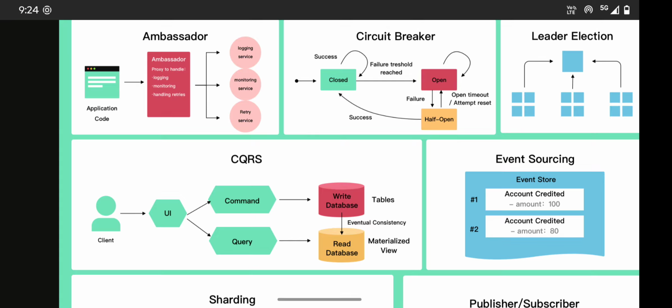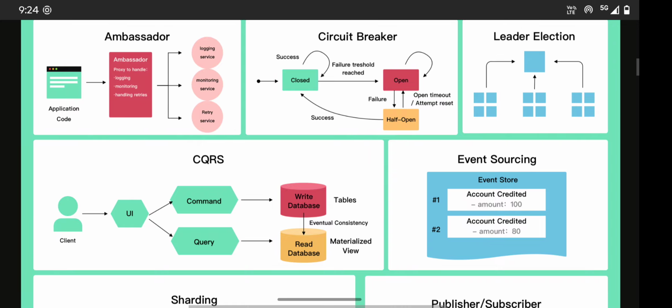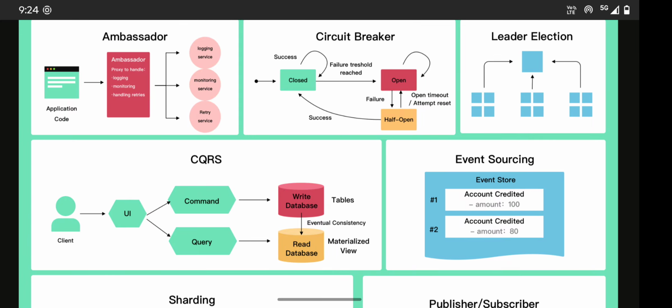You see here, the circuit breaker design pattern is very important. When you want to build resilient microservices, it is very important to follow the circuit breaker design pattern, because sometimes when you are building multiple microservices, some of these services may stop or may not work due to load issues or other issues.